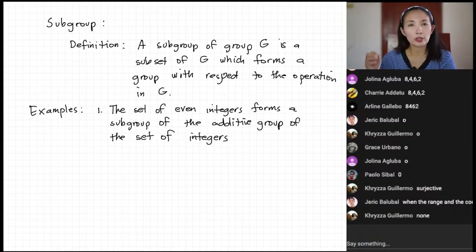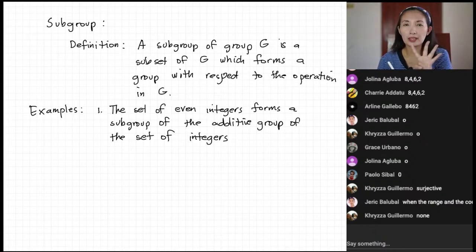So for your set of integers, it satisfies the 4 properties. We are talking of addition, additive group. So closure property is satisfied, associativity is satisfied, identity element is 0, 0 is an integer, and inverses of every element exist.